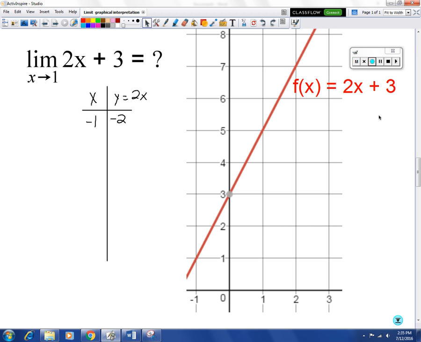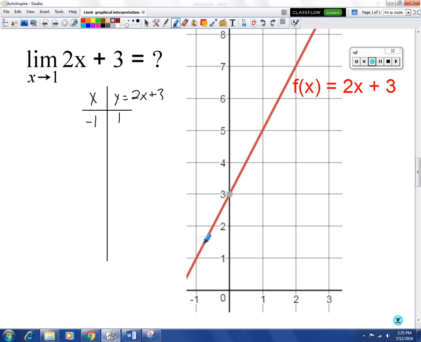Okay, y equals 2x plus 3. Okay, we substitute negative 1. 2 times a negative 1 is a negative 2 plus 3. Alright, we get a y value of positive 1.